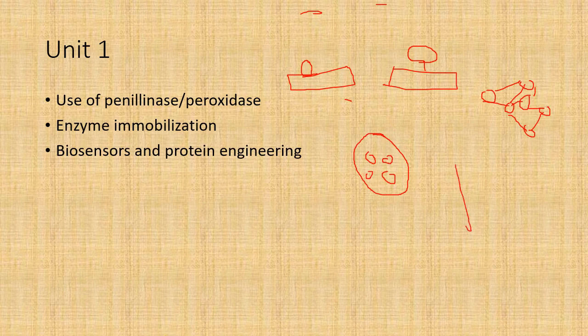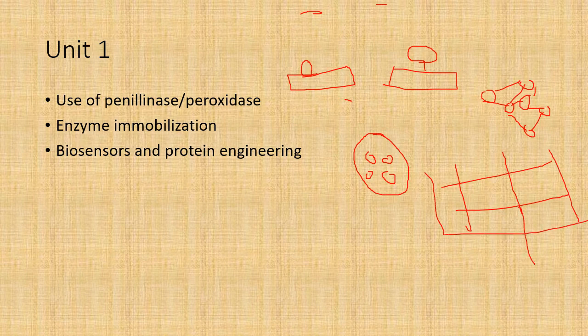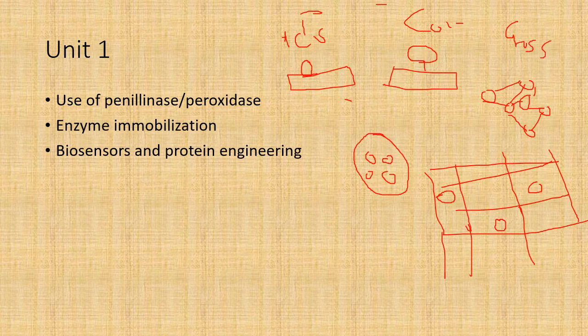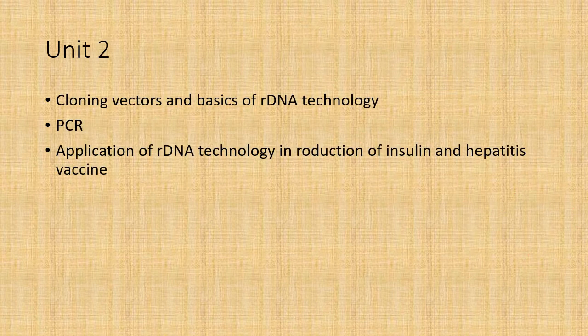If it's entrapment, you can entrap it within a lattice like this. So suppose this is your lattice structure, and within this you have your enzymes 1, 2, 3. This is adsorption, covalent bonding, cross-linking, microencapsulation, and entrapment. So these are the few methods that you have to remember.